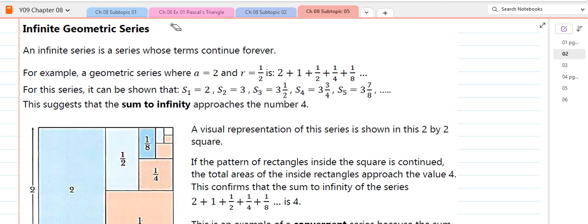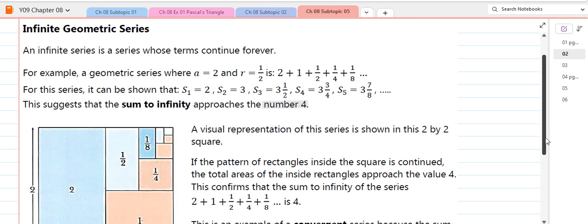The terms that you deal with towards the end will be much smaller than 1 over 8. For this series, it can be shown that S1 equals 2, the sum of the first two terms is 3, the sum of the first three terms is 3.5, and so on. The number keeps increasing, but it will approach the number 4.